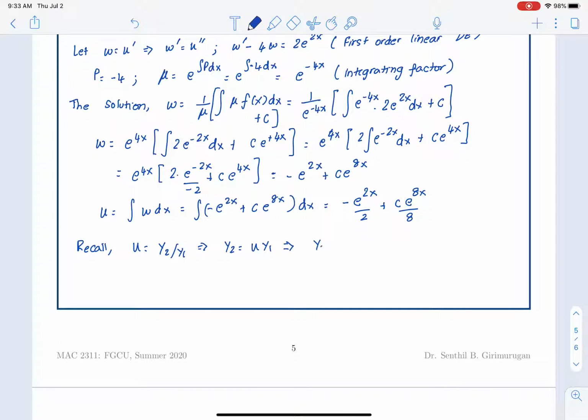So I could write y2 as u that I found, plus c times e raised 8x over 8 multiplied by e raised negative 2x, that is y1. So if I combine, I have minus 1 over 2 plus c times e raised 6x over 8.